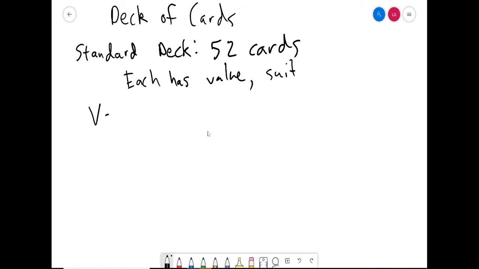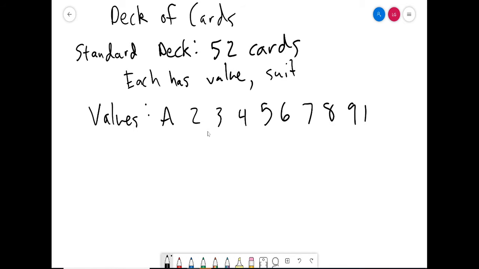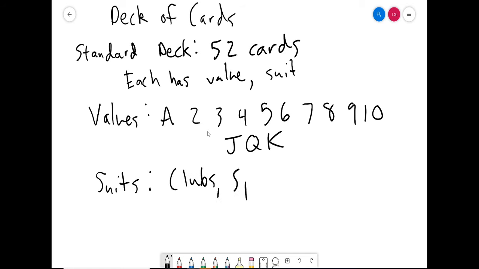So the values are ace, 2, 3, 4, 5, 6, 7, 8, 9, 10, and then jack, queen, king. The suits are clubs, spades, hearts, diamonds.